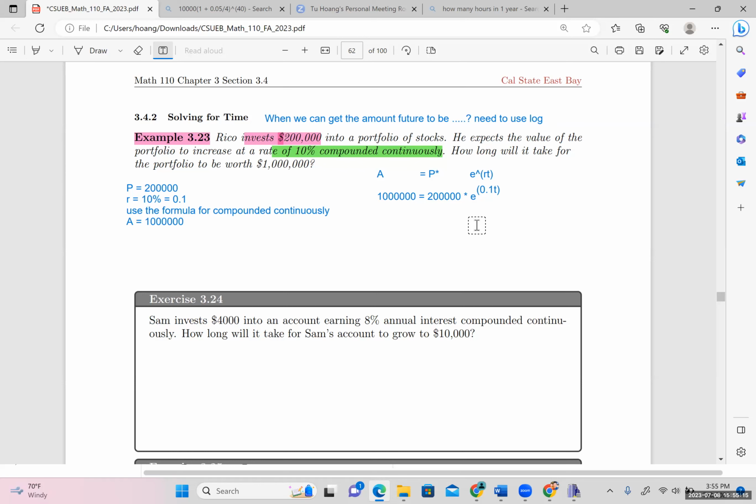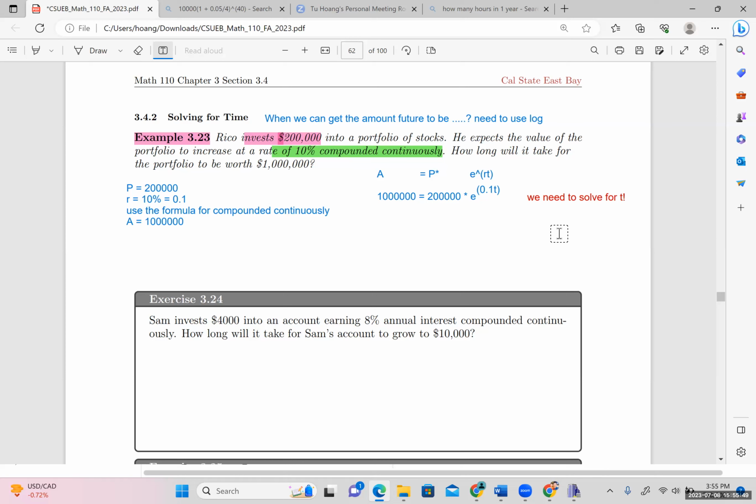And we need to solve for t. t right now is the exponent, and we need to solve for t. This is exactly an exponential equation, and we need to use log for that.